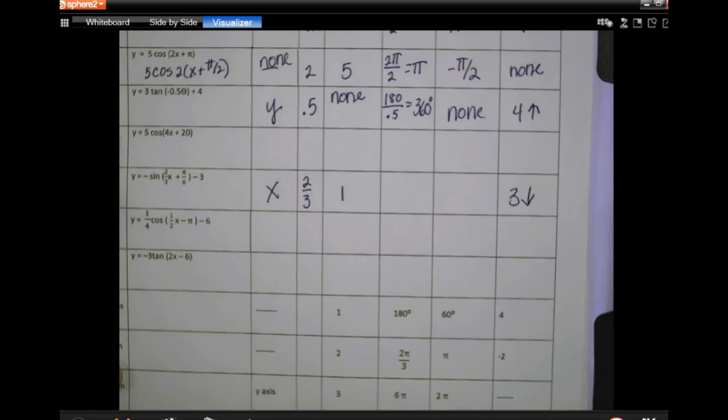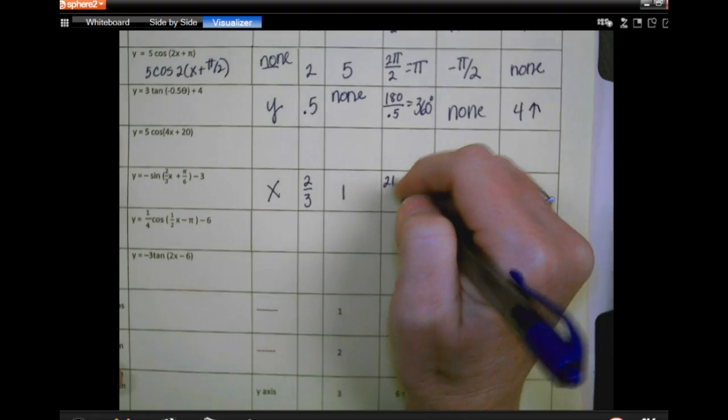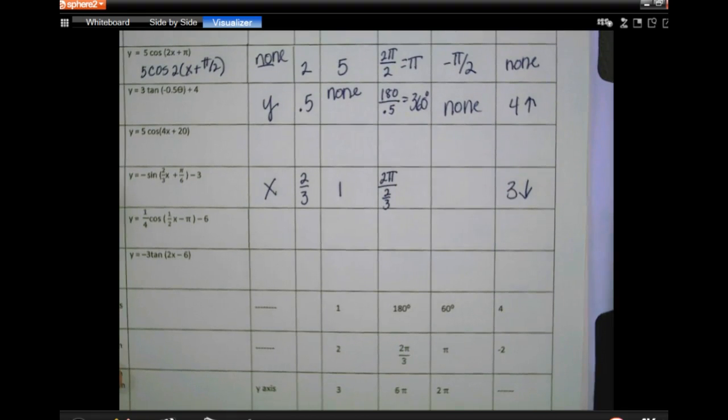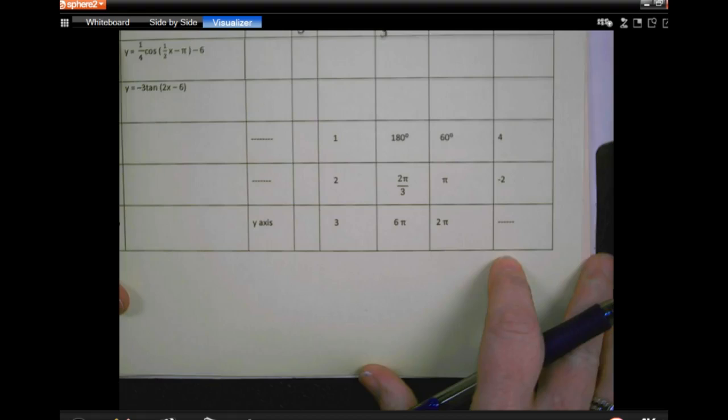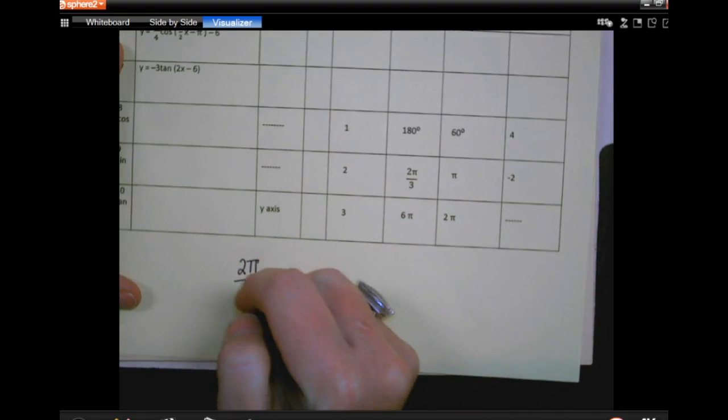That's easy. So next, is this in radians or degrees? Radians. So what is the 2 pi? So I'm going to put 2 pi here, and what do I divide by? 2/3. So this is what that looks like. I'm going to have 2 pi divided by 2/3.